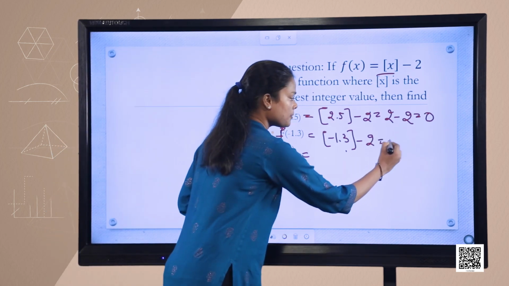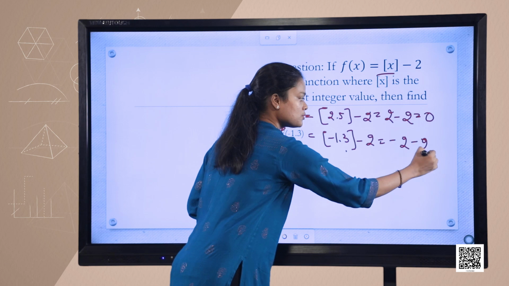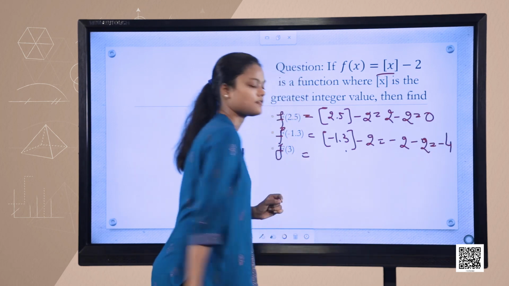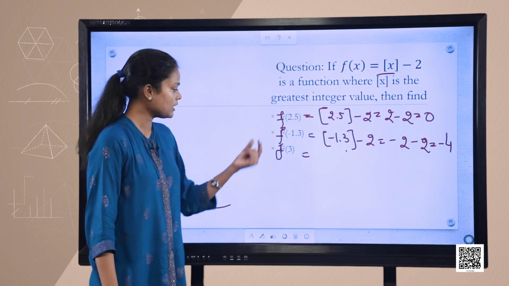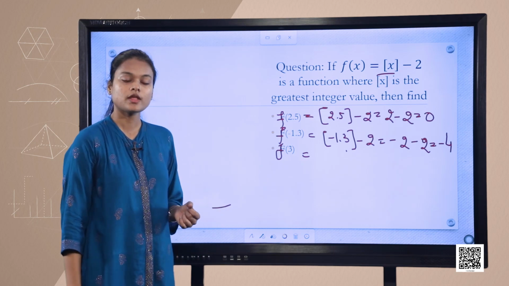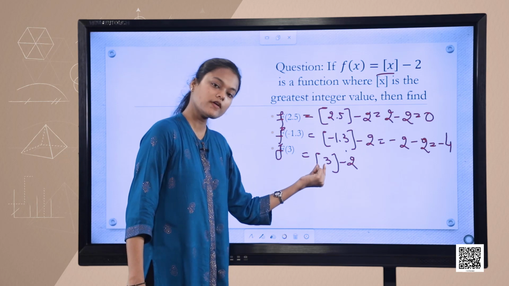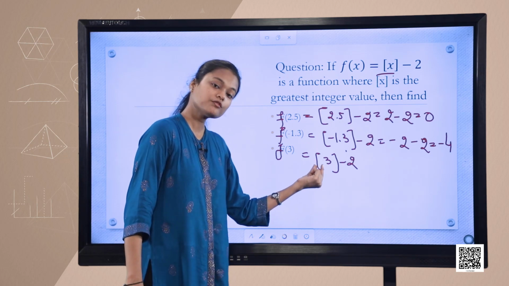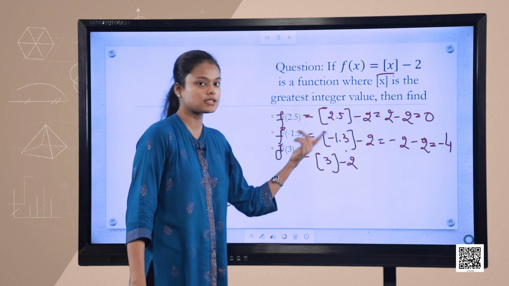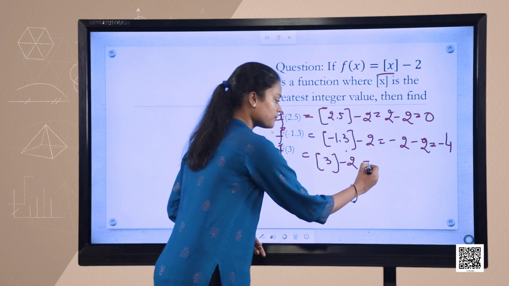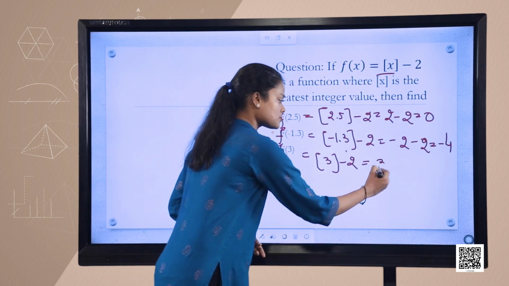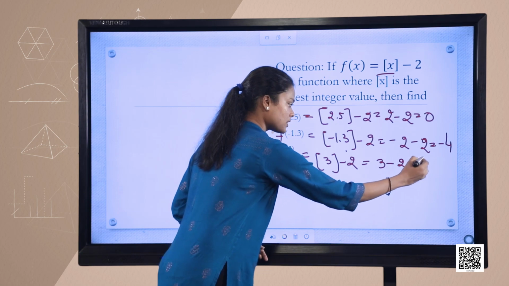So this will be -2, and with -2 it gives you -4 as a value. Last, f of 3. Whenever there is an integer value, the value of the greatest integer function remains the same. So this becomes 3 minus 2, which gives us 1.